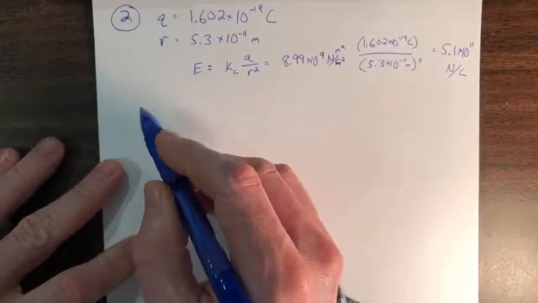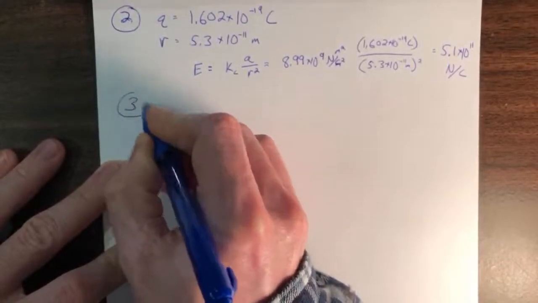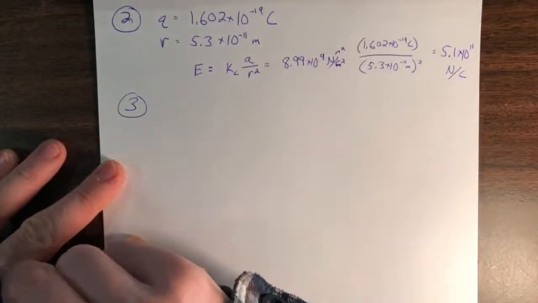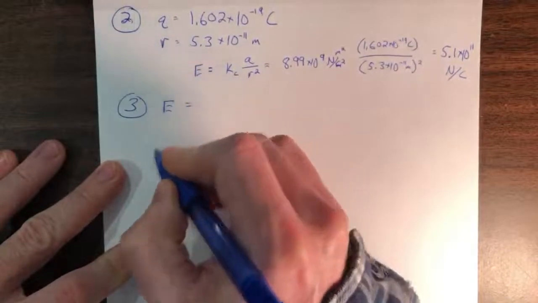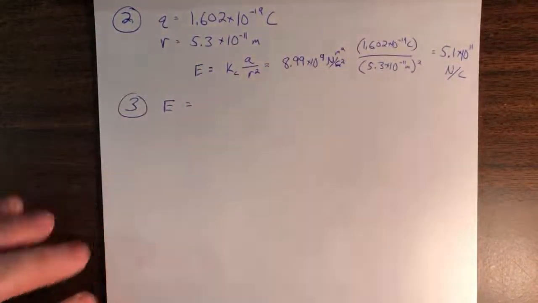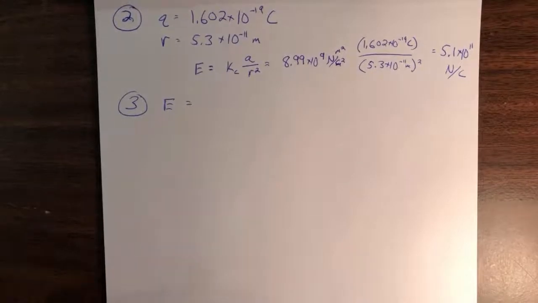All right. Now number 3. Let's go ahead and jump down to number 3. We have an electric field that's already set up. So our electric field, let's go ahead and write down. Electric field is equal to, you got something different. So what'd you get? Oh, sorry, the direction.